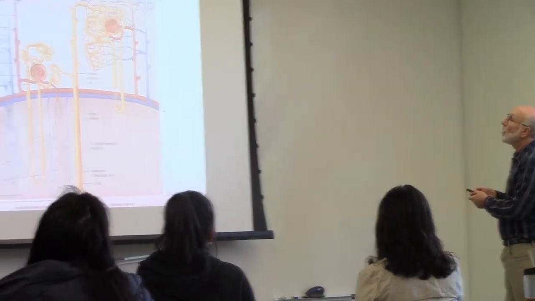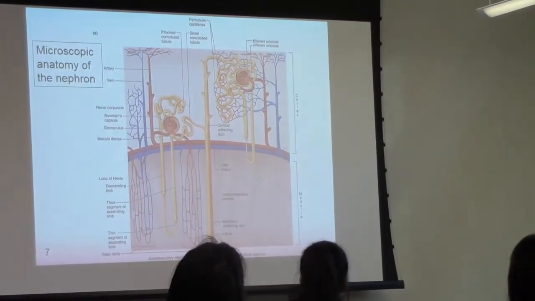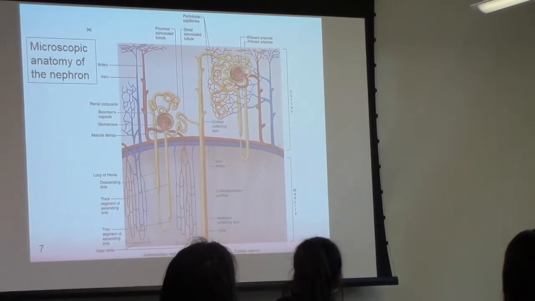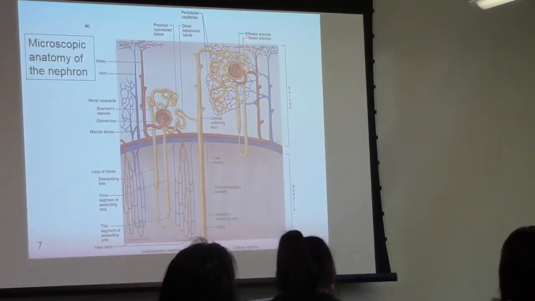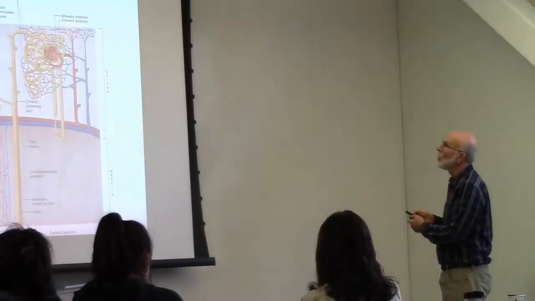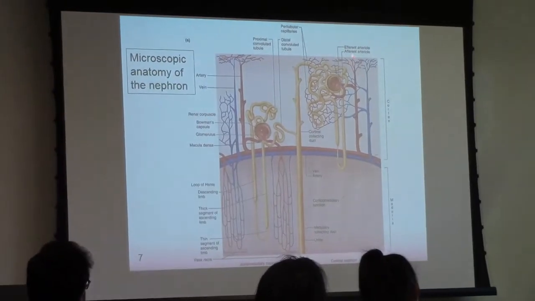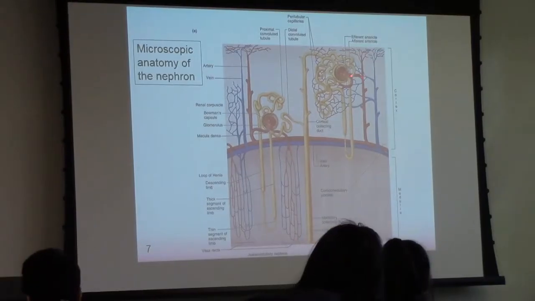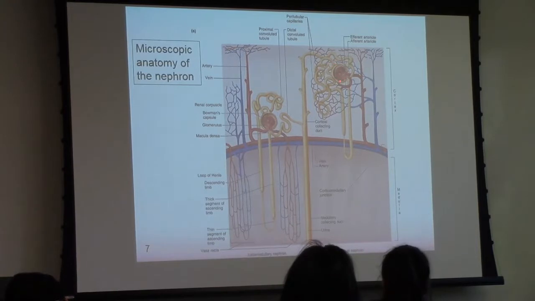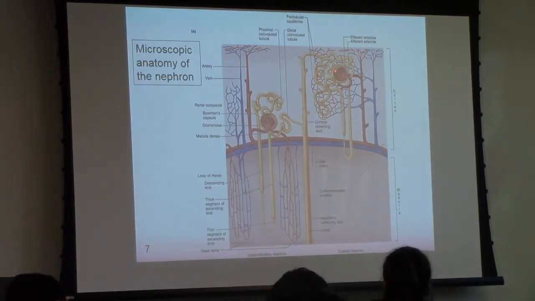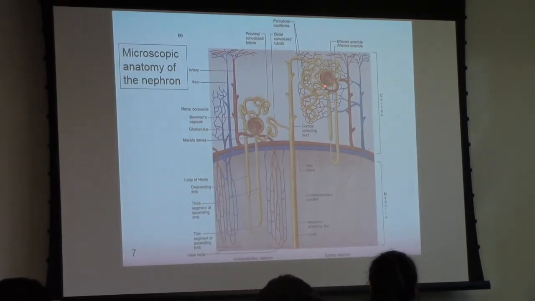So there are arterioles here, right? Blood is going to enter the glomerulus in the afferent arteriole. The afferent arteriole is what brings blood in. Blood is going to enter a network of glomerular capillaries.